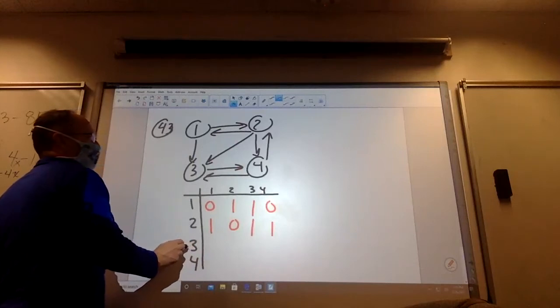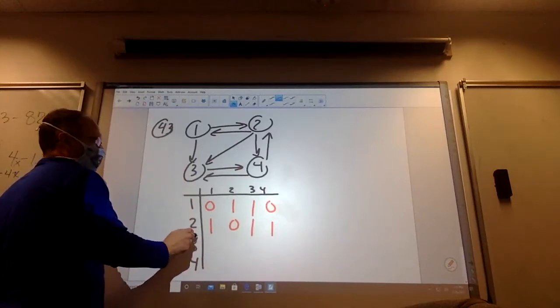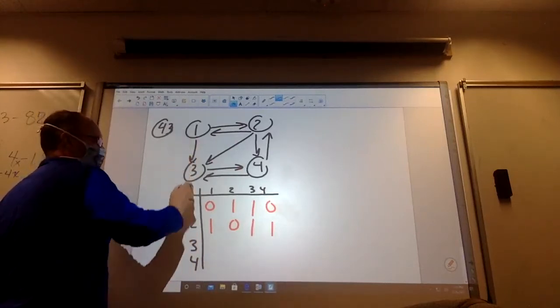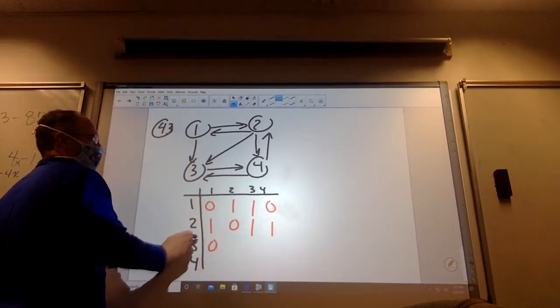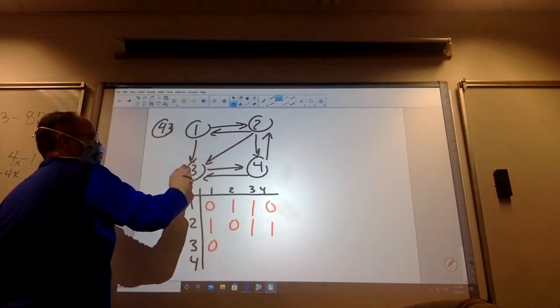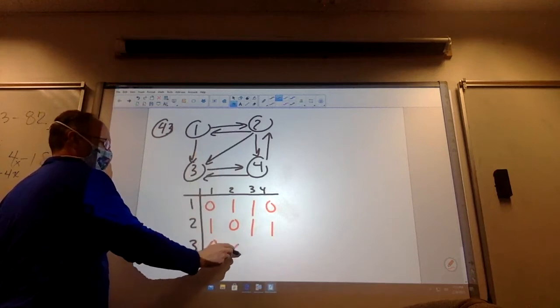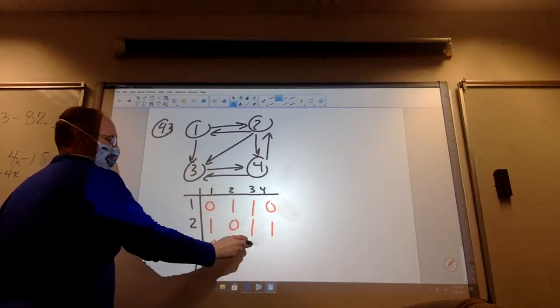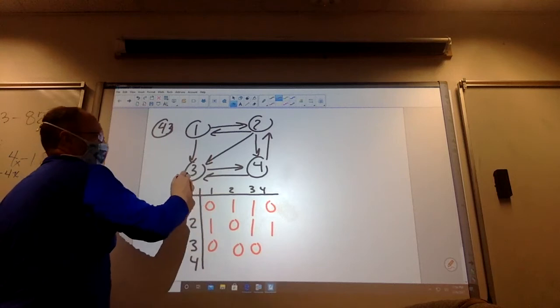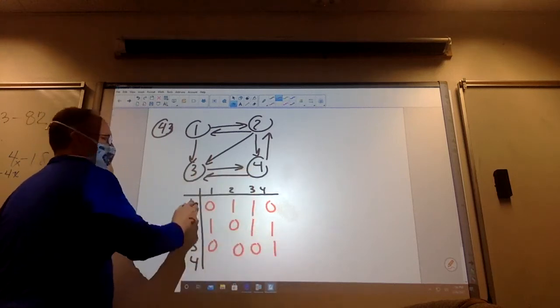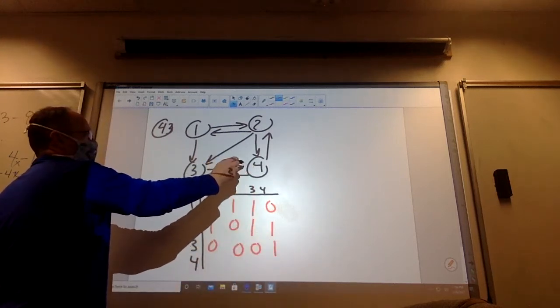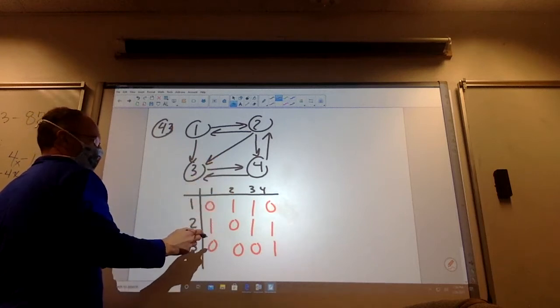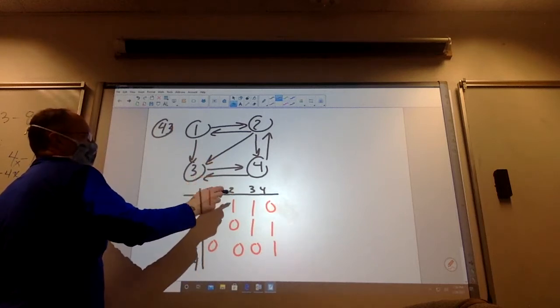Can I go from 3 to 1? I don't have an arrow going back, so no. Can I go from 3 to 2? I don't have an arrow pointing back there, so no. Can I go from 3 to 3? I can't go back to itself. Can I go from 3 to 4? Yes. Can I go from 4 to 1?